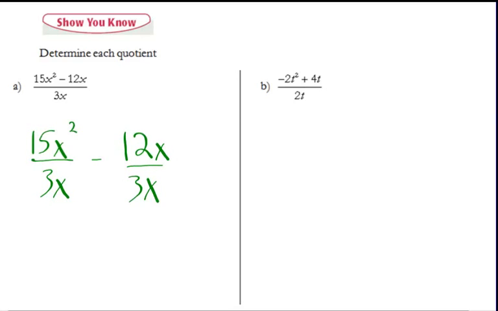So we can reduce the numerical coefficients. 15 divided by 3 is 5. X squared divided by x is x. So I'm just going to write that down below, 5x minus, and on the right-hand side here, 12 divided by 3 is 4, and x divided by x is 1. So we end up with 5x minus 4.